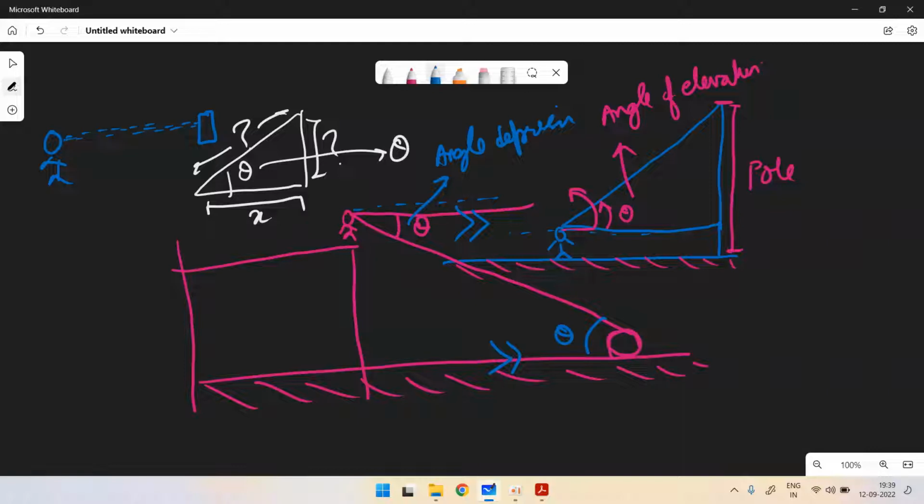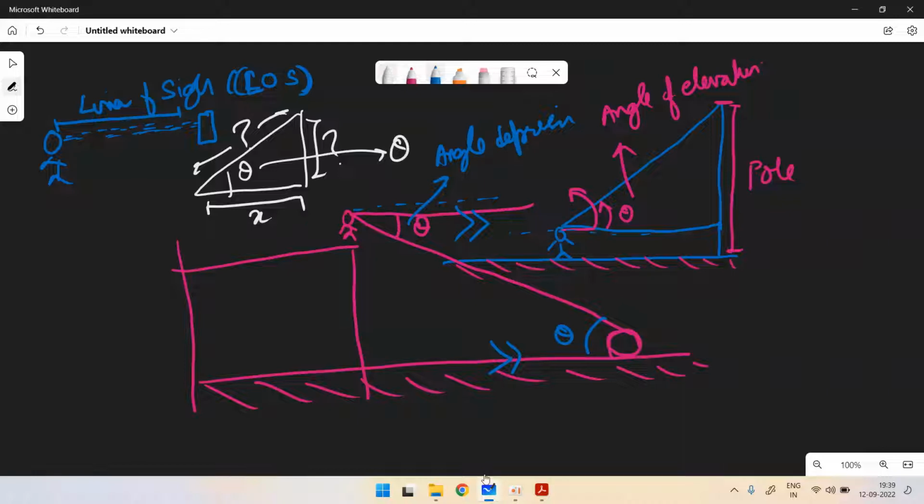This is known as line of sight, LOS. This has its application in towers. The angle of elevation and angle of depression have their application in finding the height or the distance between two objects, or many things.